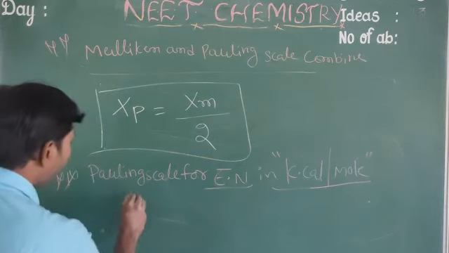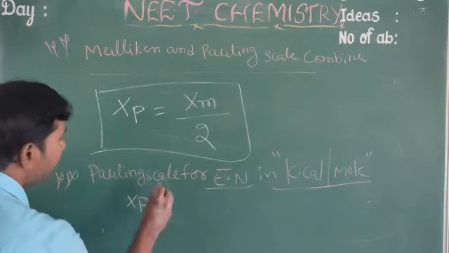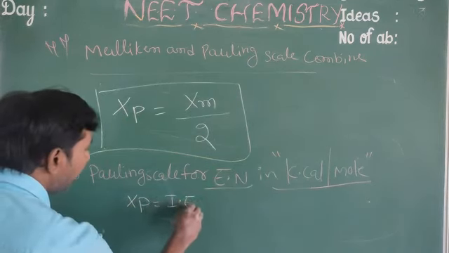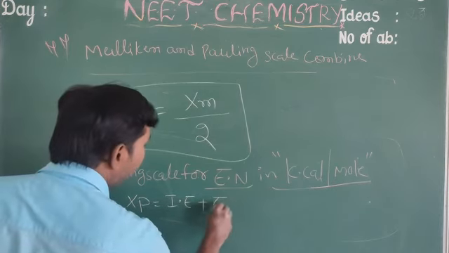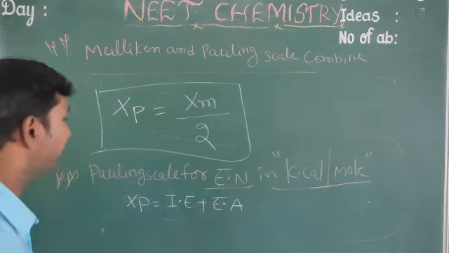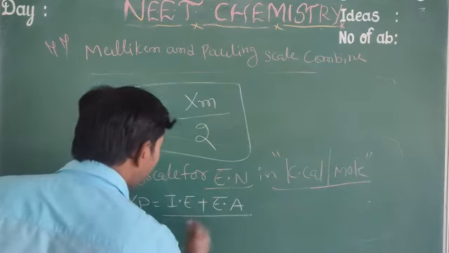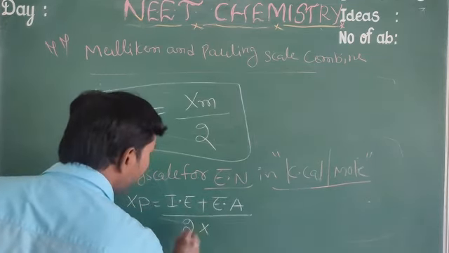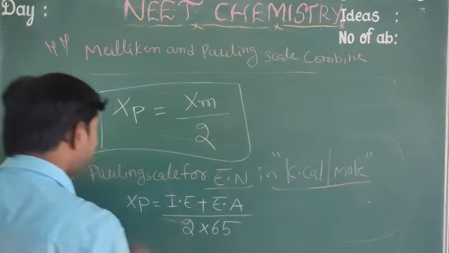That means Pauling scale equals ionization energy plus electron affinity by 2, into 65.